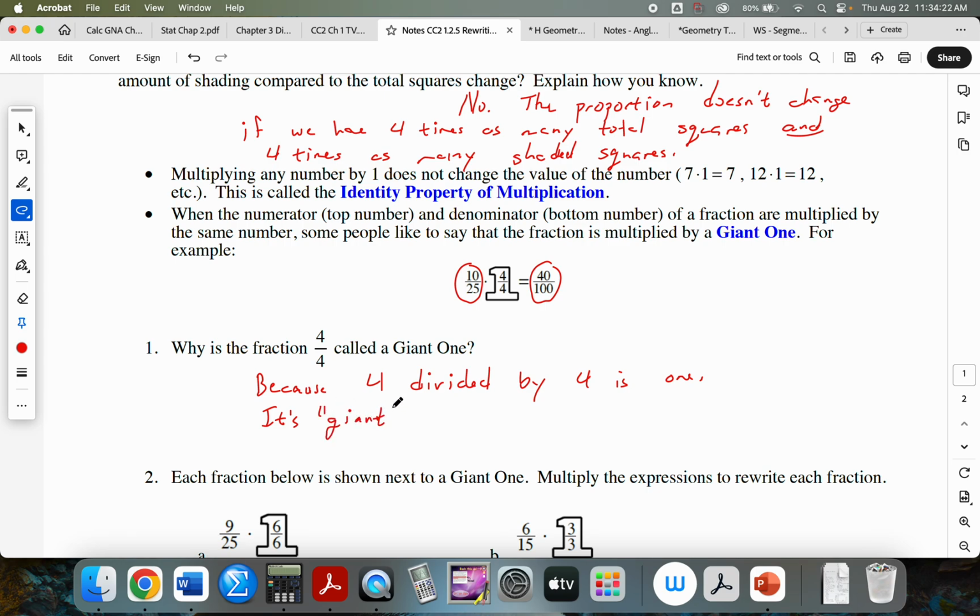So maybe we can put giant in quotes. It's giant because we didn't just write 1. We wrote, again, what my colleague would call a fancy form of 1.